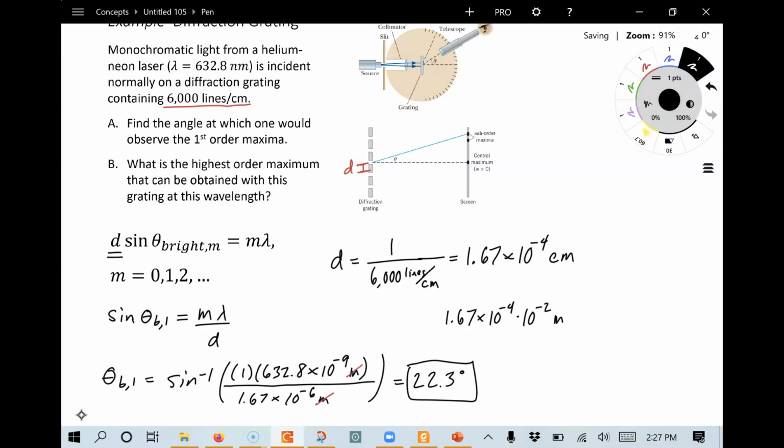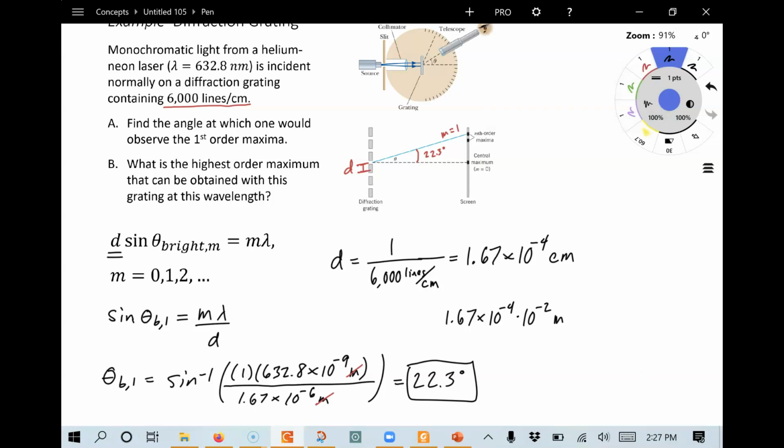All right, for part B, it asks us, what is the highest order maximum that can be obtained with this grating at this wavelength? We just found out that m equals 1 is going to be at an angle of 22.3 degrees. And we can draw some more of these.